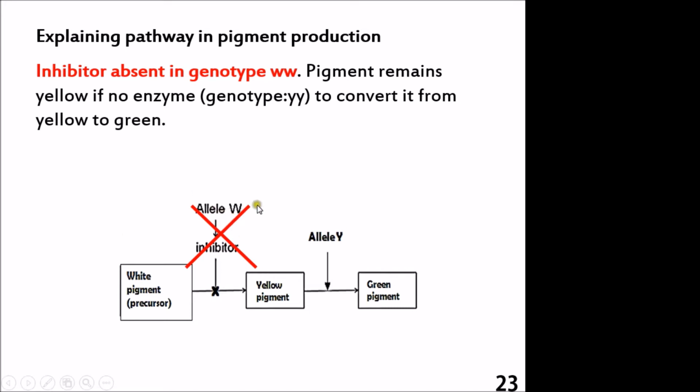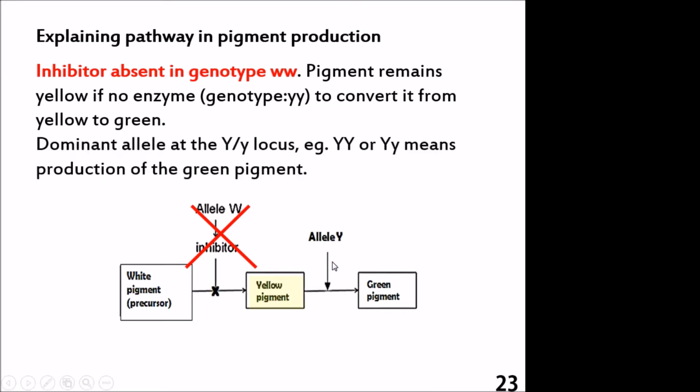Now let's say you don't have inhibitor. You have small w, no inhibitor. It means that you can now change your white precursor into a yellow pigment, agree? And now you can show expression on the other side. If you have a big Y, then you can change the yellow pigment into a green pigment.